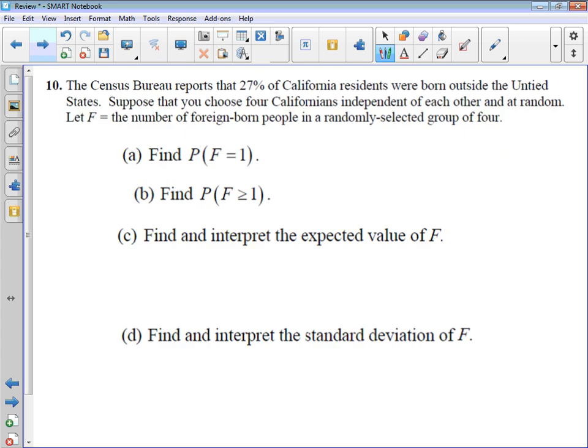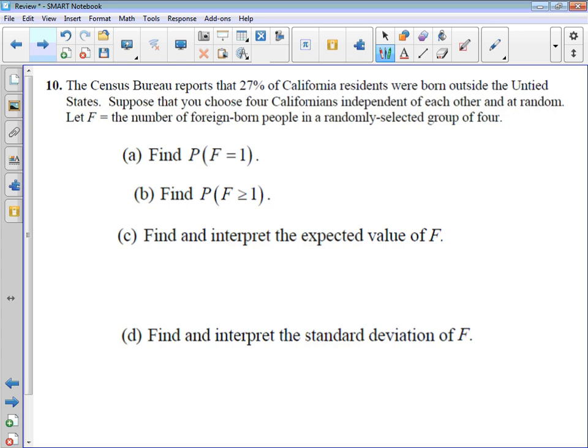The Census Bureau reports that 27% of California residents were born outside the United States. Suppose that you choose 4 Californians independent of each other at random. Let F be the number of foreign-born people in that group. So now what we're dealing with here is a binomial probability.